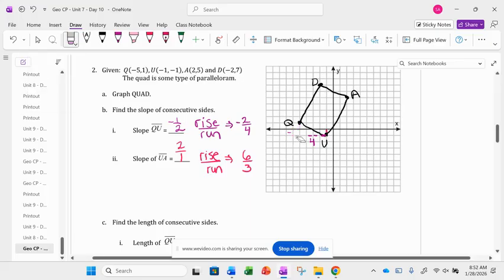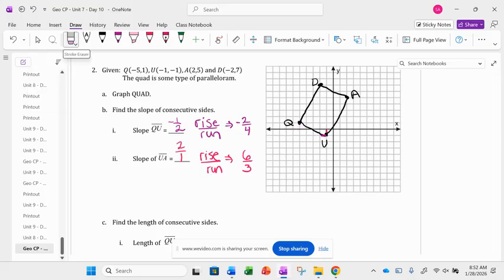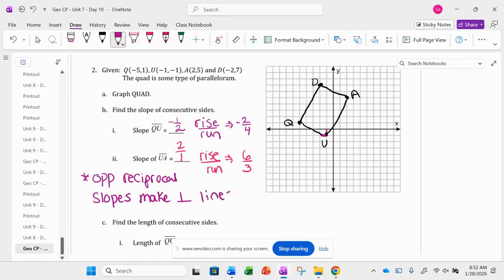If the slopes are opposite reciprocals, what does that mean for the two lines? They are perpendicular. So let's put a little star here and write that down. Opposite reciprocal slopes make perpendicular lines. So what does that mean for us?